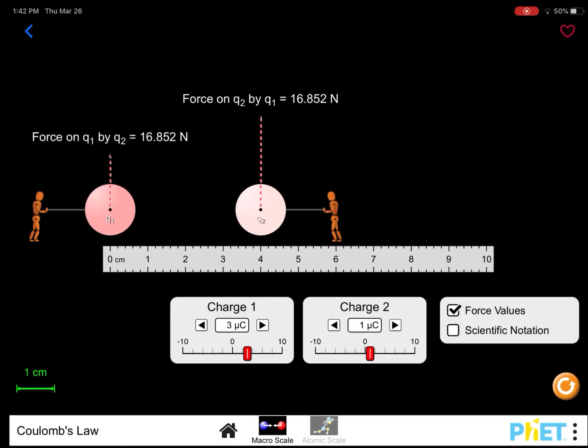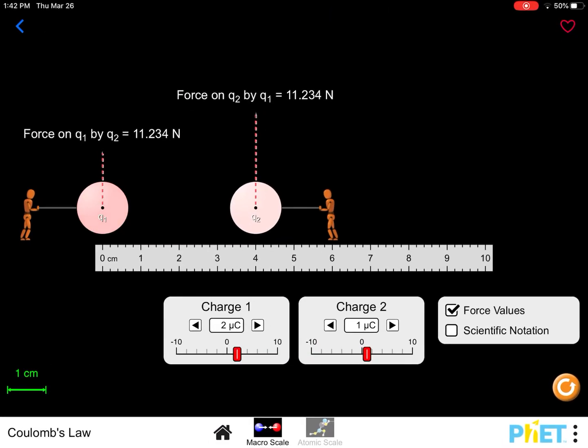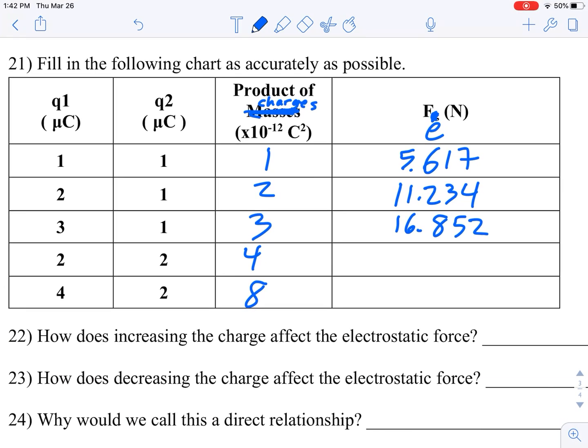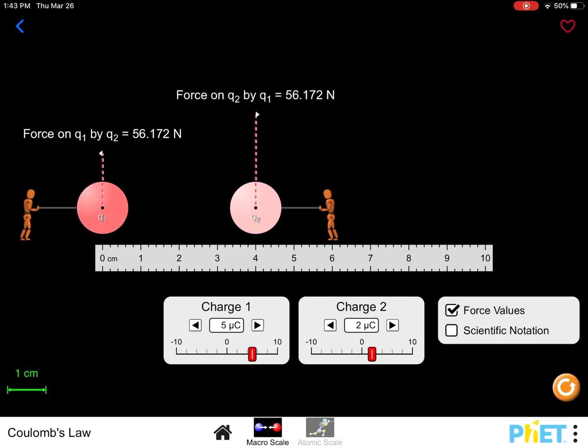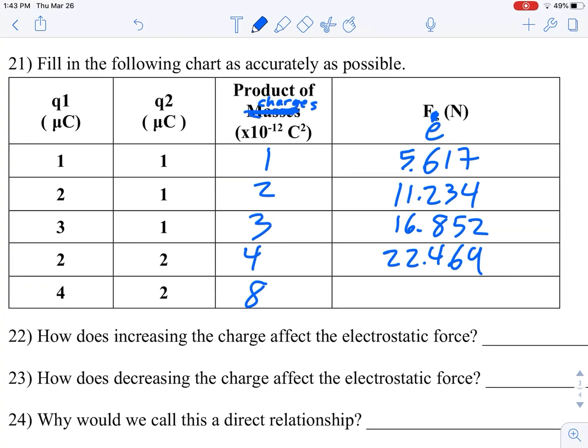We're going to make them 2 and 2 now. 22.469. And the last one, we're going to do 4 and 2. All right, so we're going to get 44.938.